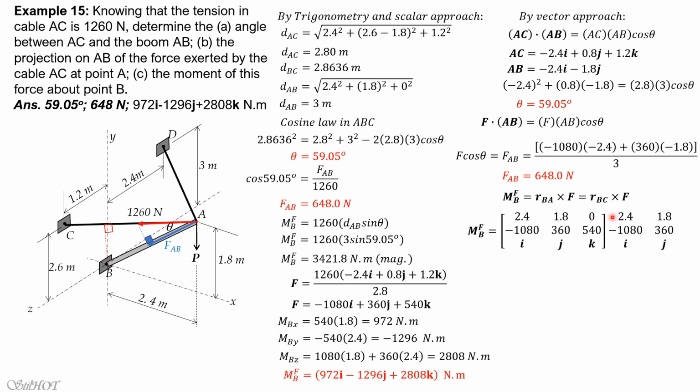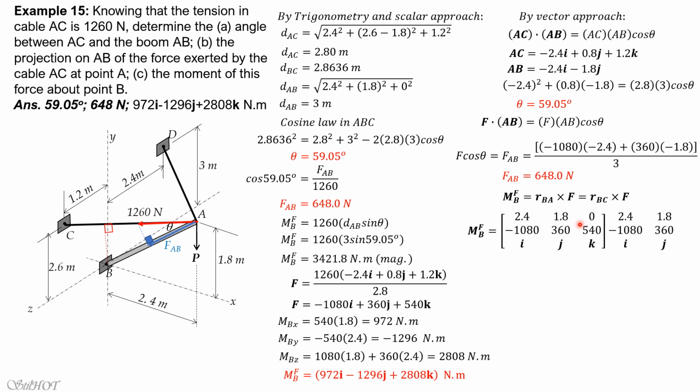So components of RBA, 2.4, 1.8, 0, components of the force, negative 1080, 360, and 540. Then these are the unit vectors. Then copy the first two columns, then apply the basket method or Cramer's rule.